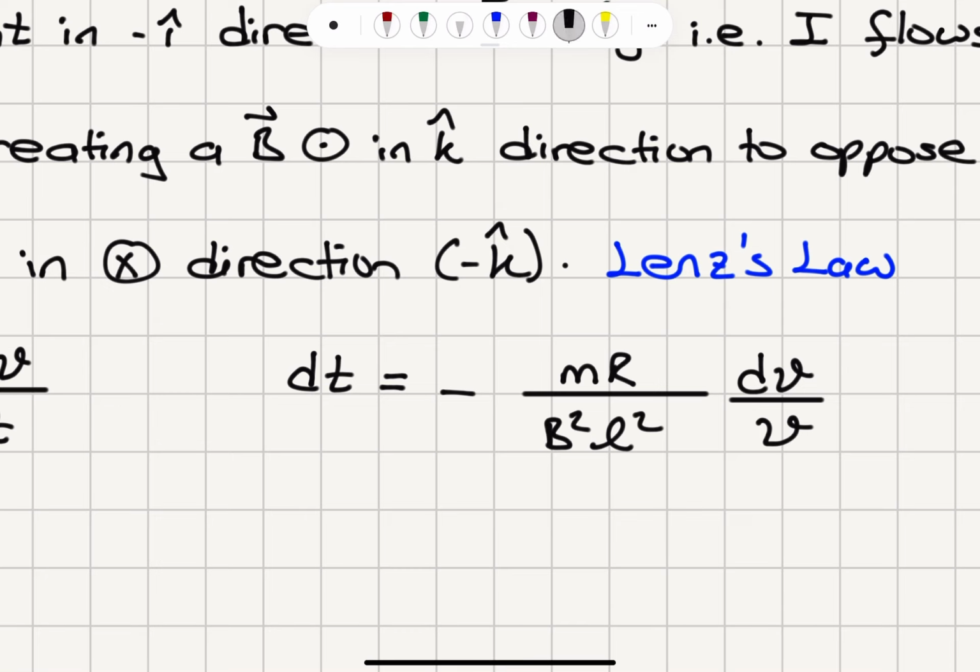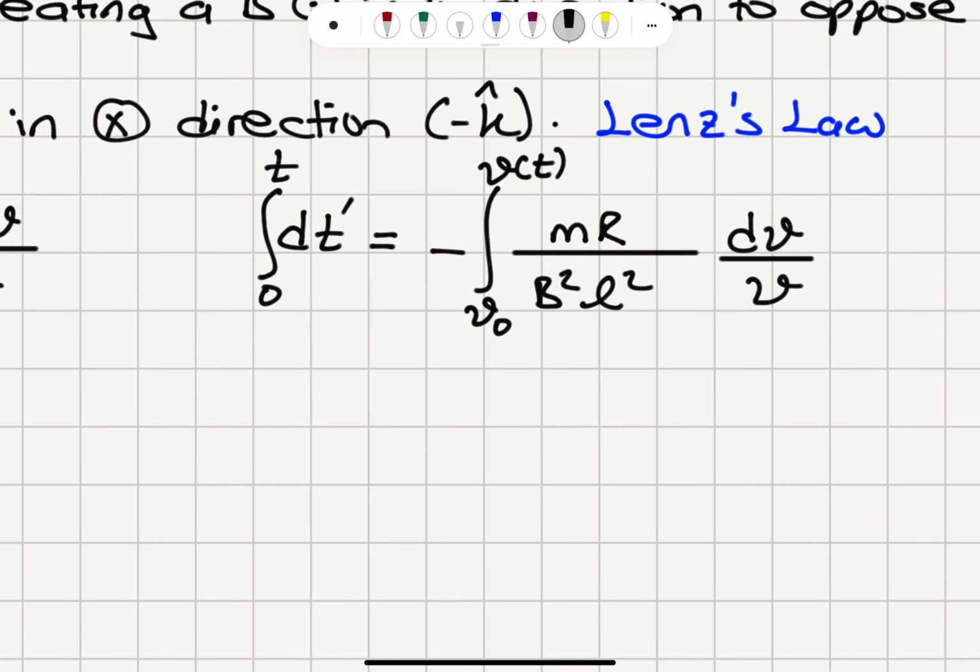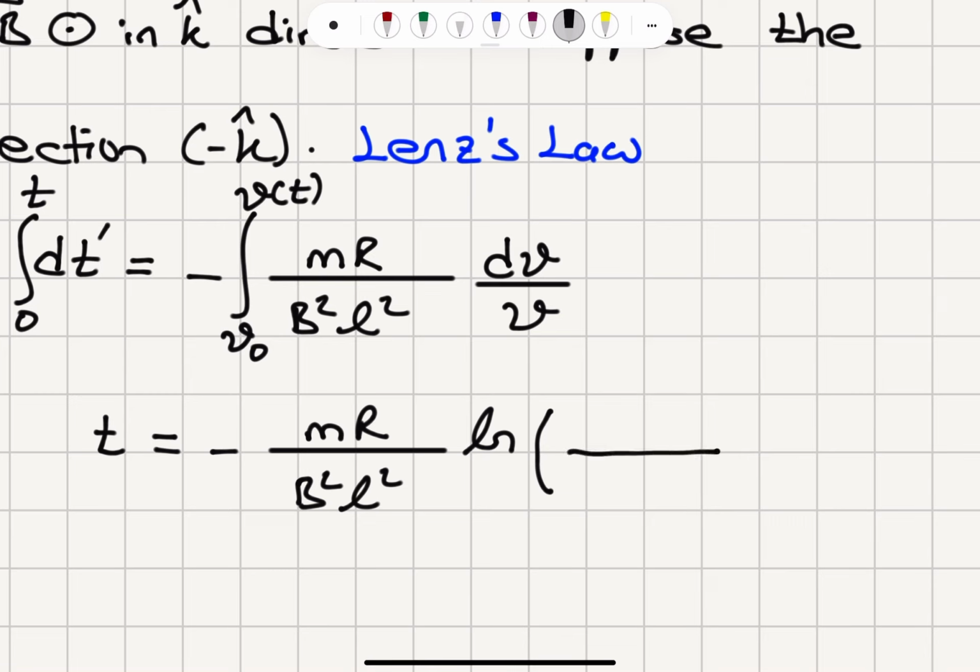Now, if I integrate both sides from time t equals 0 to time t, with this as a dummy variable, integrated from the initial speed v0 to the speed at time t, v of t, I'm going to obtain the integral of dt, which is t, evaluated between 0 and t, is t, minus mr over B square L square natural logarithm of v divided by v0.